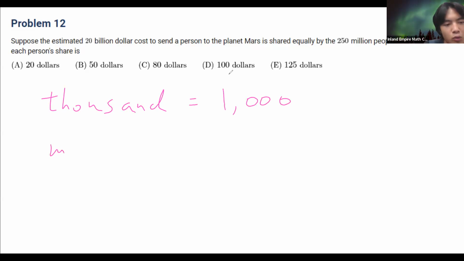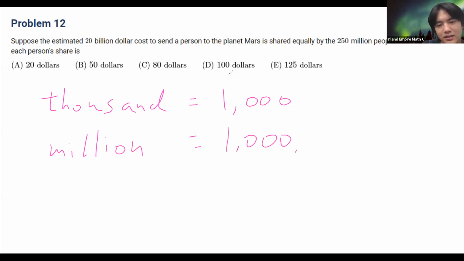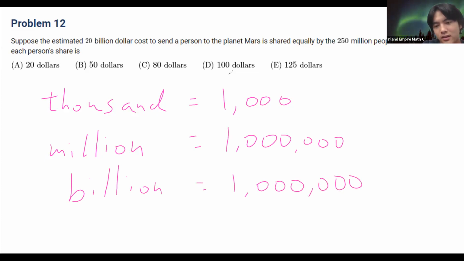If you have 1 million, that's exactly 6 zeros after the 1. If you have 1 billion, that's exactly 9 zeros after the 1.